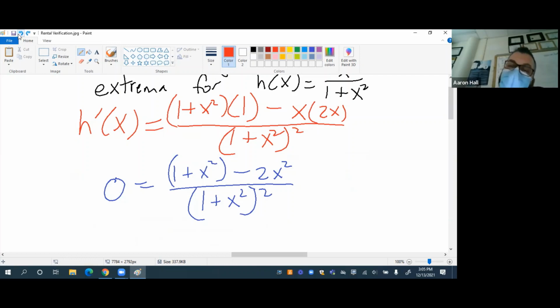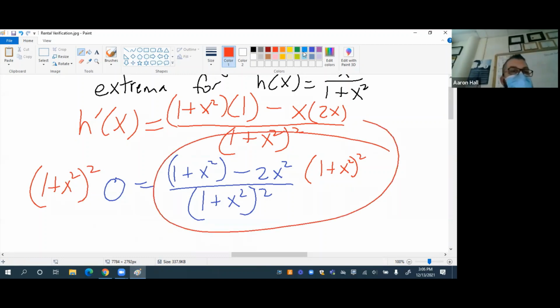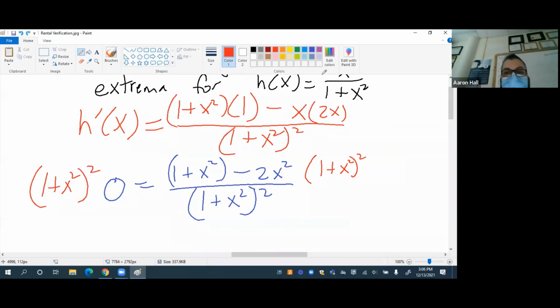What if, Josh, I just multiply both sides by 1 plus x squared, squared? What happens over on the right-hand side? Yeah, this divided by this is just 1.